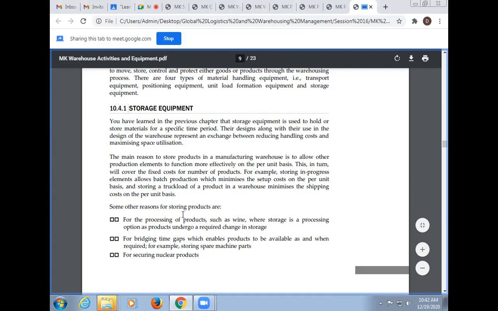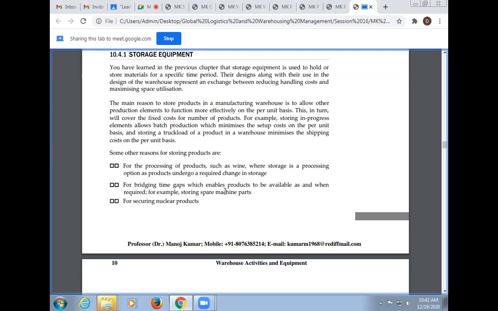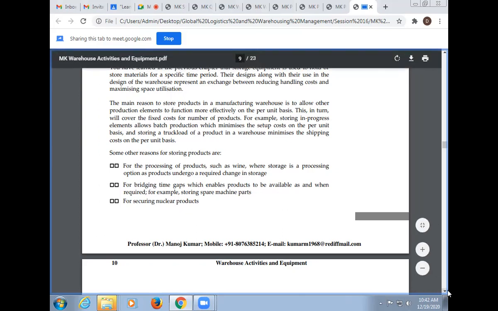Some other reasons for storing products: for the processing of product, such as where storage is a processing option, products undergo a required change in storage. For bridging the time gaps, which enables product to be available as and when required, for example, storing spare machine parts. And for securing valuable products.